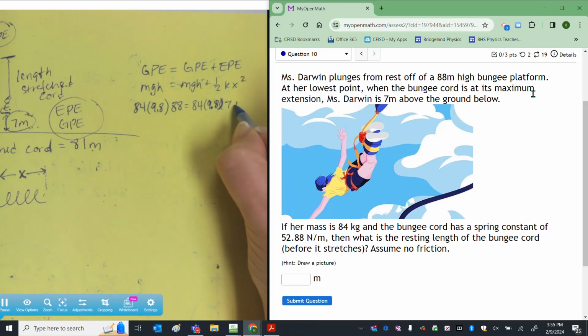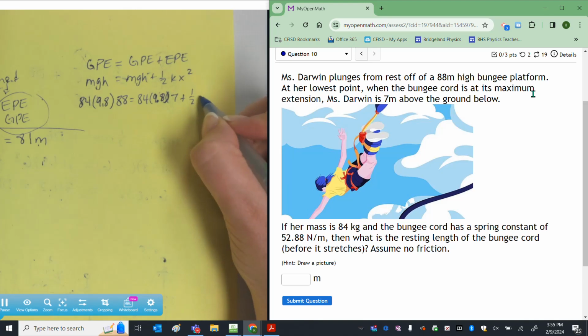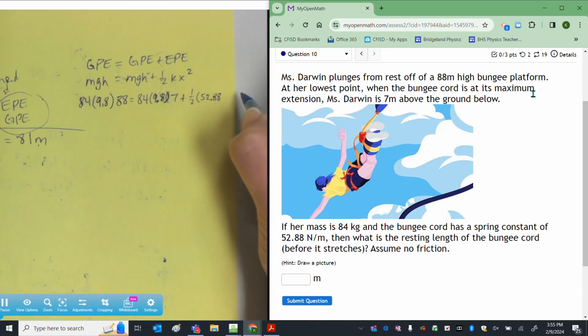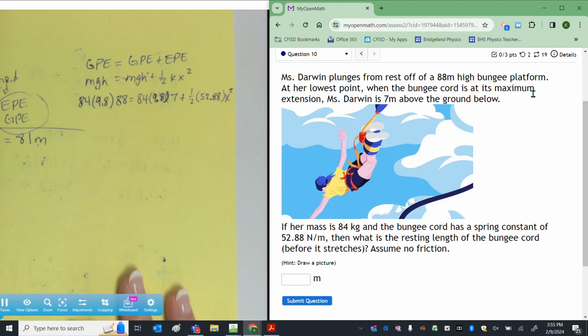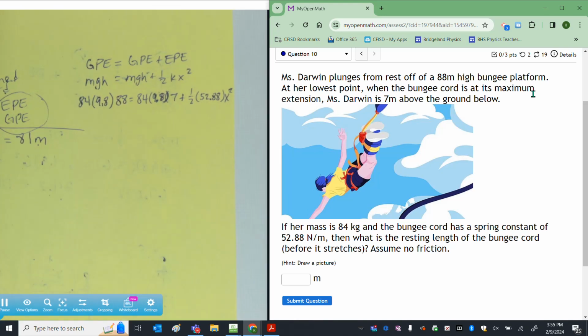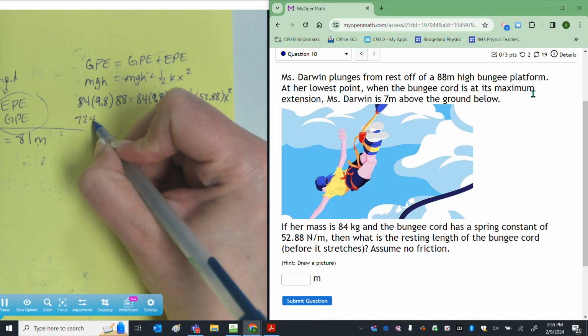plus 1/2. It gives me a spring constant of 52.88, and then x squared. Running out of room. Okay, and so that is the substitution step. So let's go ahead and solve that left-hand side first. 84 times 9.8 times 88 gives me a gravitational potential energy initially of 72,441.6.